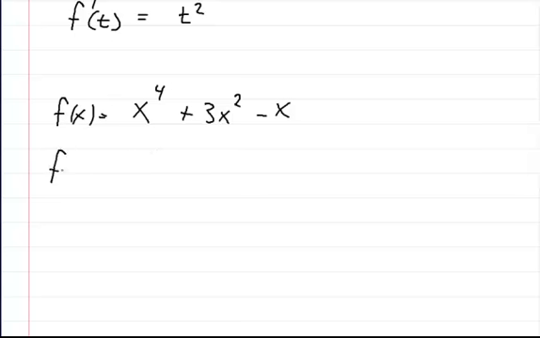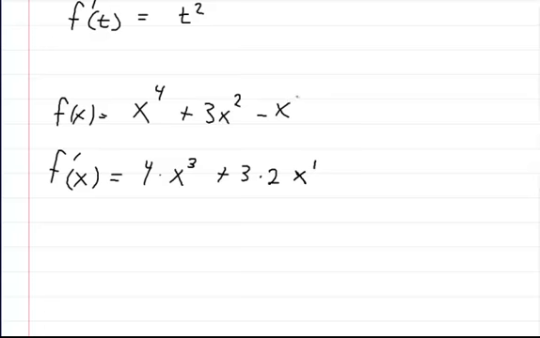So the derivative of f of x. First thing here when we're doing this one, you can do the derivative individually on these. So let's bring down the 4. It's 4 times x, and then I'm going to subtract 1 from the 4, so I'm going to get 3 here. I'm going to bring down the 2, so it's going to be 3 times 2, and I'm going to subtract 1 from the 2 here, so that's just going to be x to the 1st power.